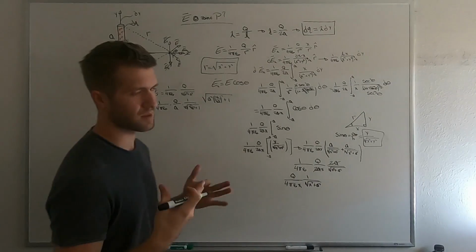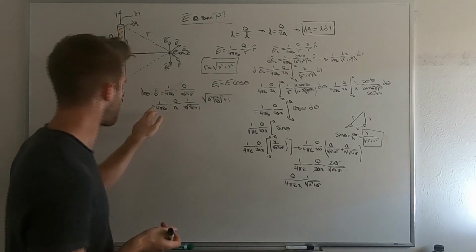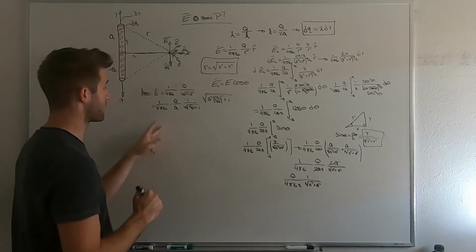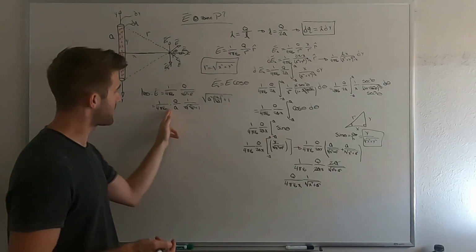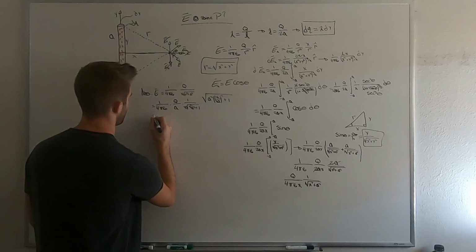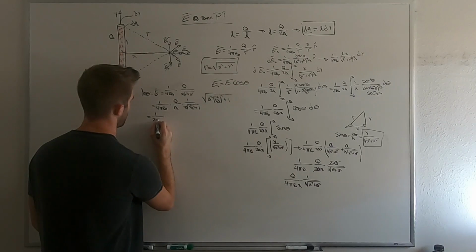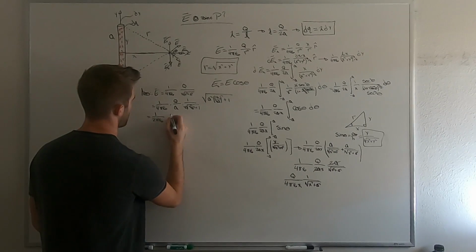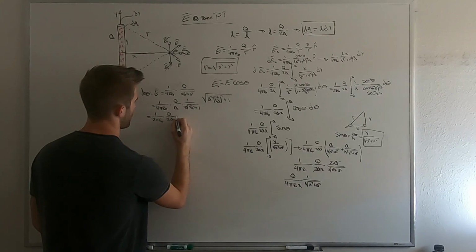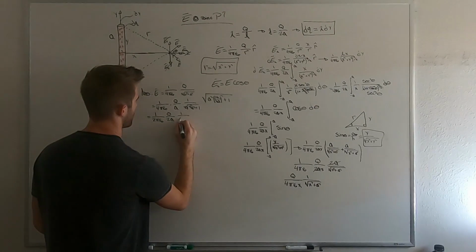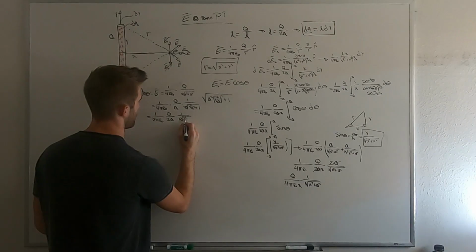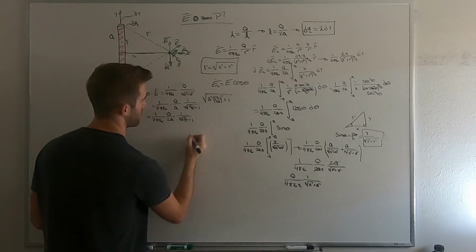It still may not look like a whole lot, but let's borrow a 2 from this 4 pi and put that right in front of the a. So that's equal to 1 over 2 pi epsilon naught times q over 2a times 1 over x square root of x squared over a squared plus 1.